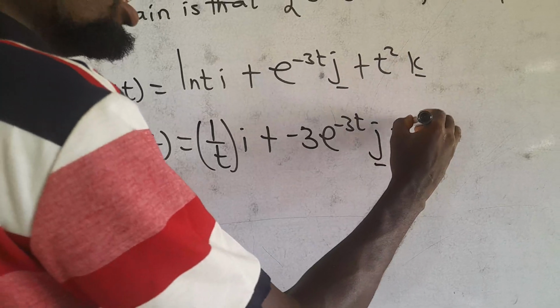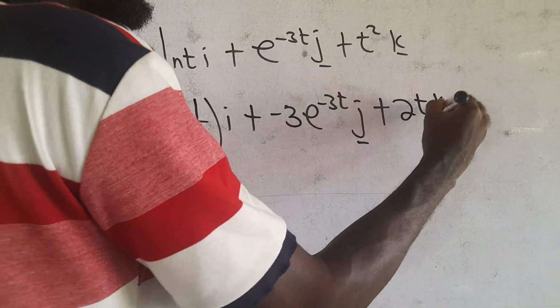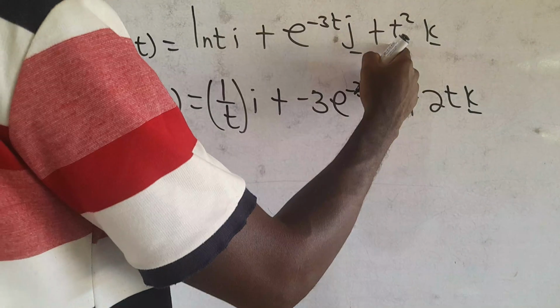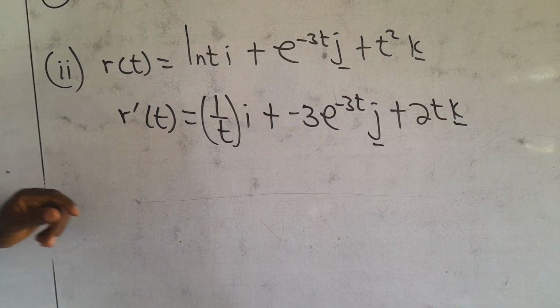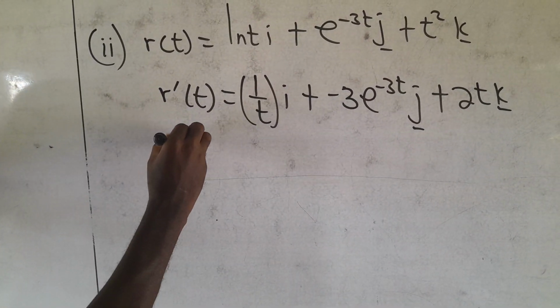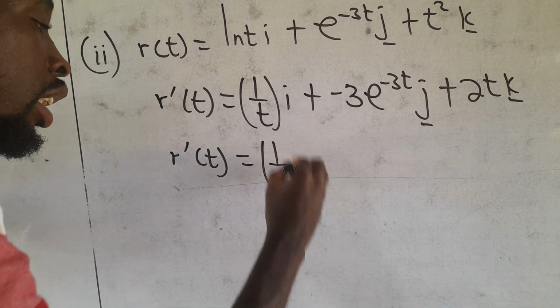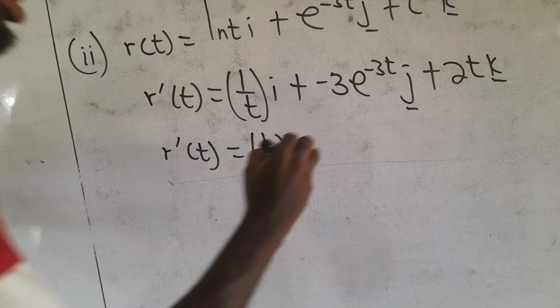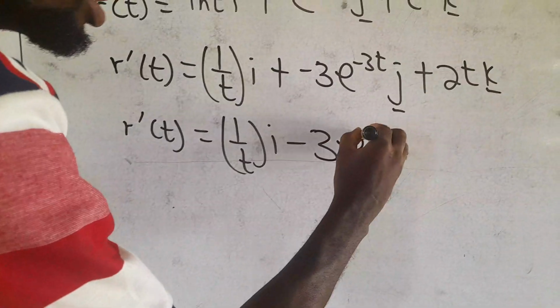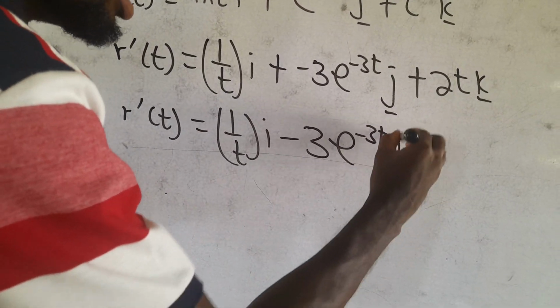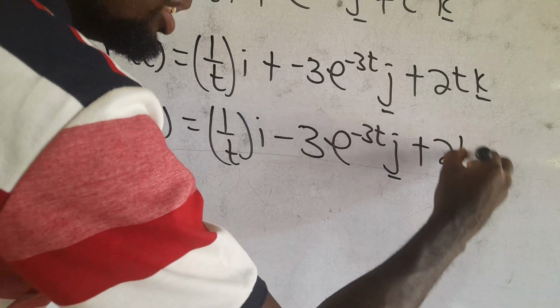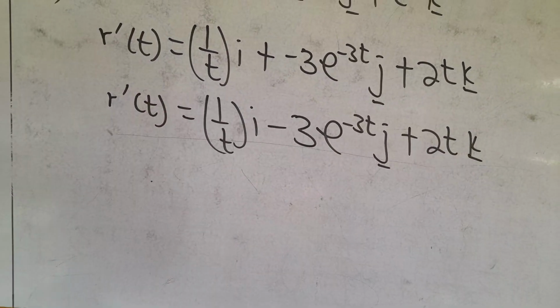Then the derivative of t squared you can do using the simple differentiation rule. We drop the exponent and subtract 1 from it. So we can therefore say that our r prime of t is equal to 1 over t in the i direction minus 3e to the negative 3t in the j direction, then plus 2t in the k direction.